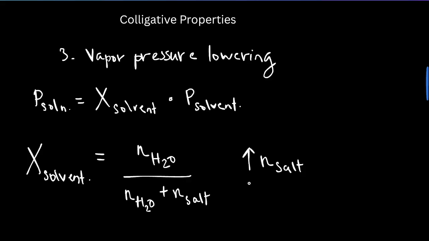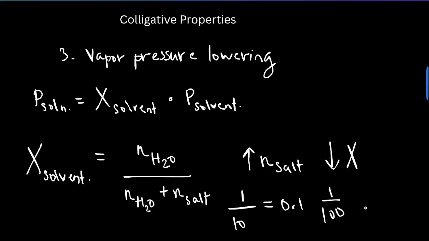Well, if we increase the amount of salt, we're increasing effectively the value of this denominator. And by increasing the value of the denominator, we are effectively decreasing the entire value of this fraction, right? If we had, let's say, 1/10, that is 0.1. But on the other hand, if we had 1 over 100, that gives us 0.01.